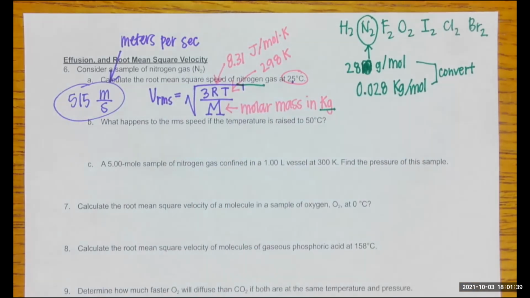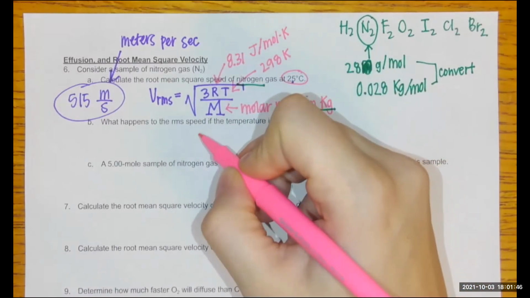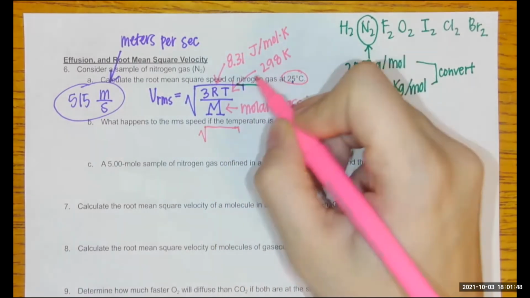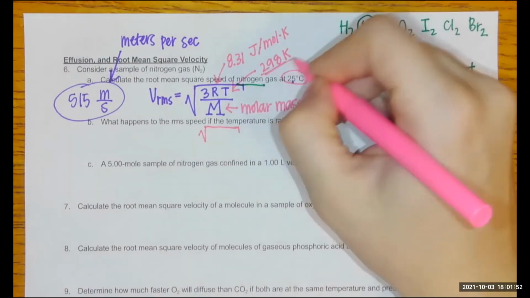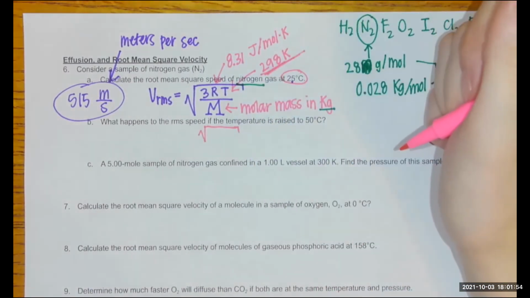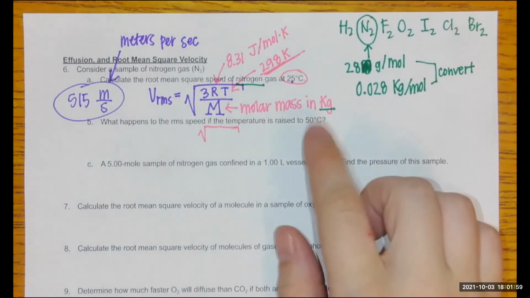So from the first part, I have the square root of the 298, and I'm trying to compare it with the speed of my new thing, which will be at 50.